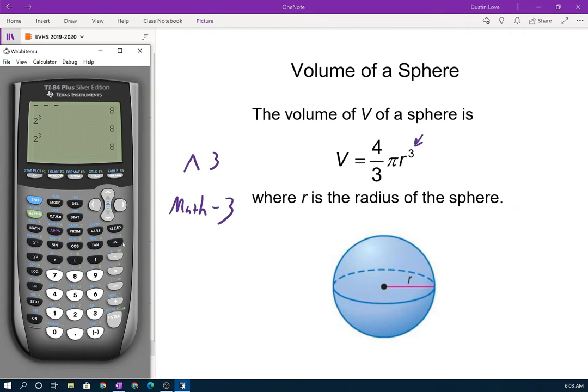Now, another one that we're going to need in a little bit is the inverse of that, which is the cubed root. The cubed root of x is the inverse of cubing. You access that from the math menu.